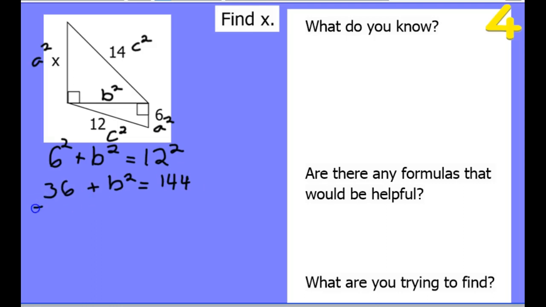To get b by itself, we need to subtract 36 and subtract 36 over here. What we're left with then is b squared equals 144 minus 36, which gives us 108.